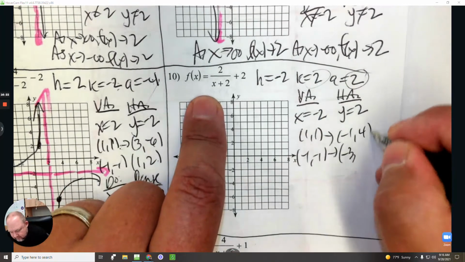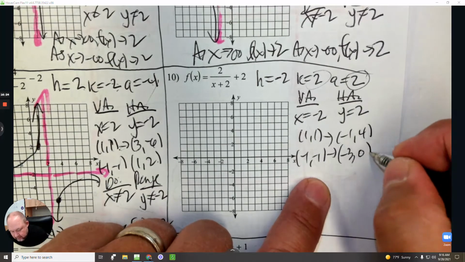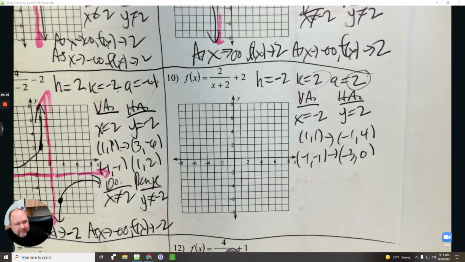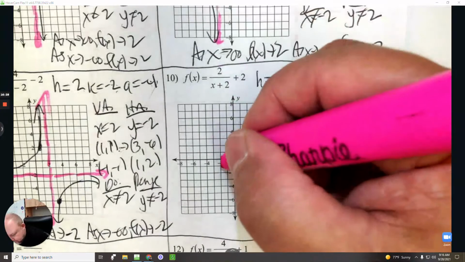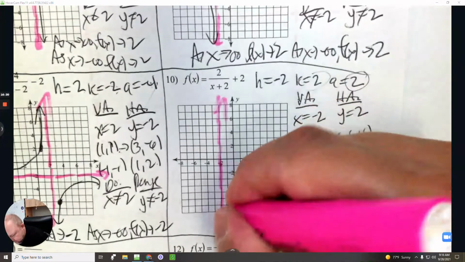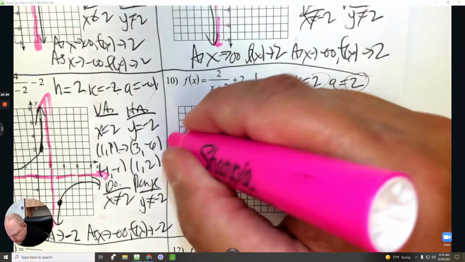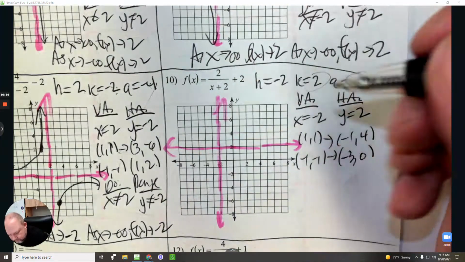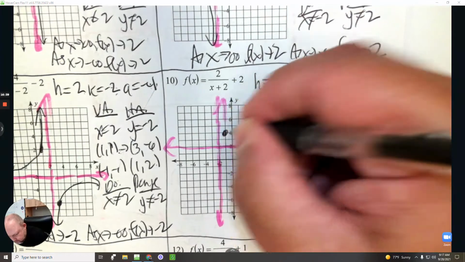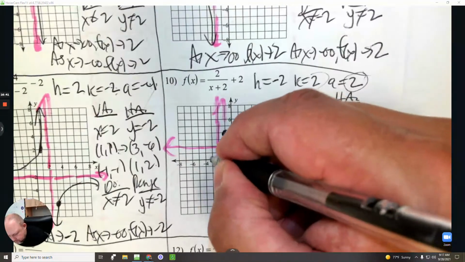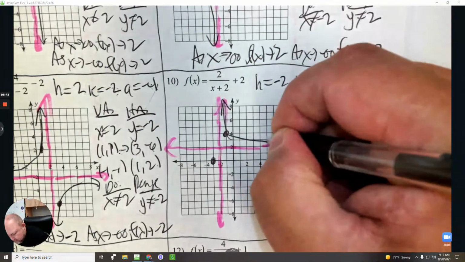So that's going to give me 4, and that's going to give me 0. Put that on my graph. And then take the points and curve them.